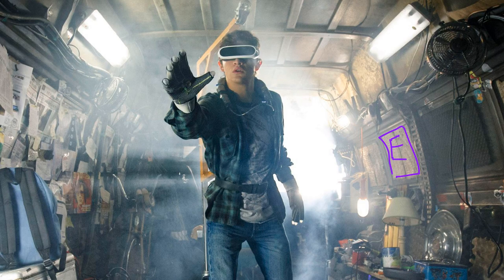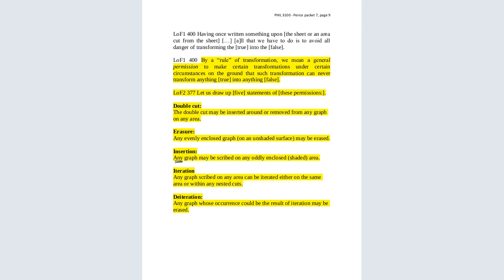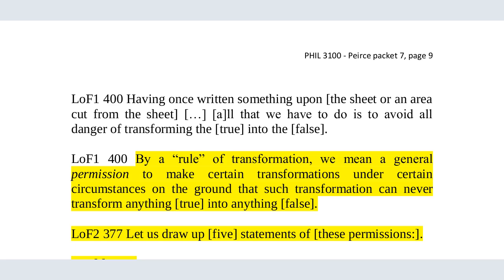And the entire goal of existential graphs is what? Let's go back to Peirce and hear it from the horse's mouth. The goal is truth. Remember that big T that we were aiming for? Peirce has devised a method for us to converge on the truth. All we have to do is avoid all danger of transforming the true and the false.